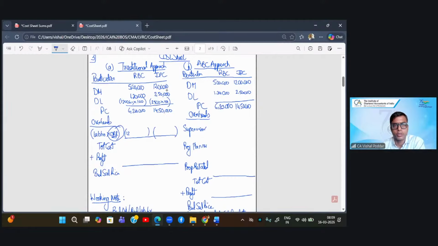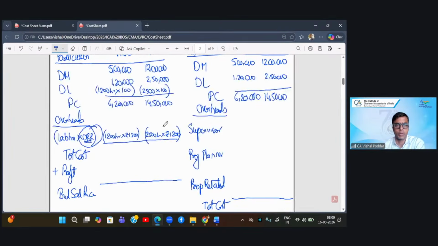So it is 1200 hours into rupees 1200. It is 2500 hours into rupees 1200. Correct, students? So 1440, correct?